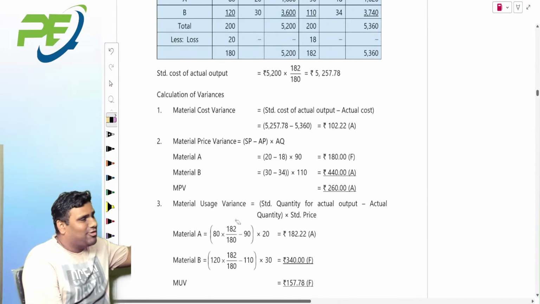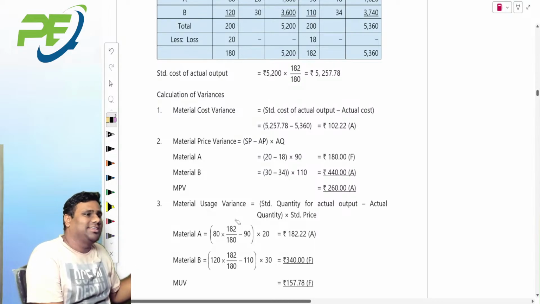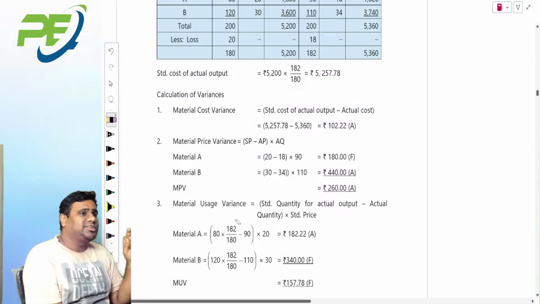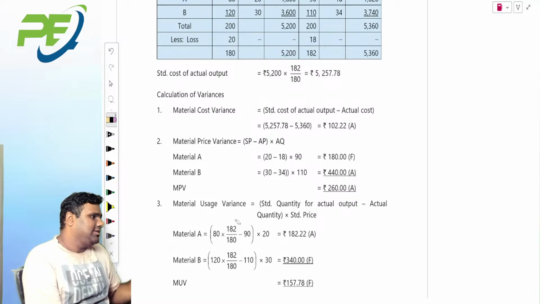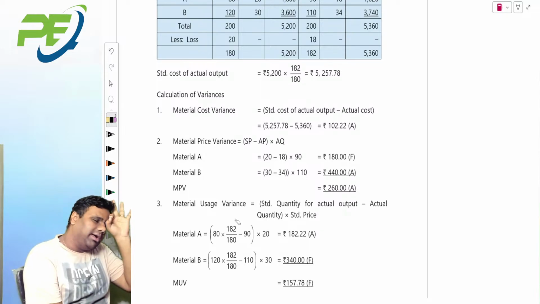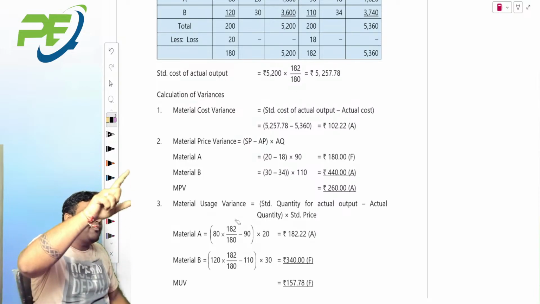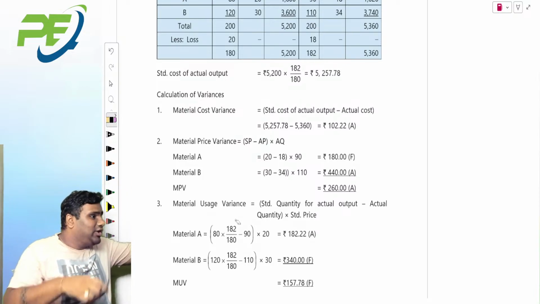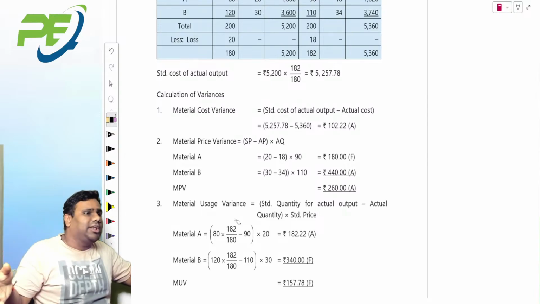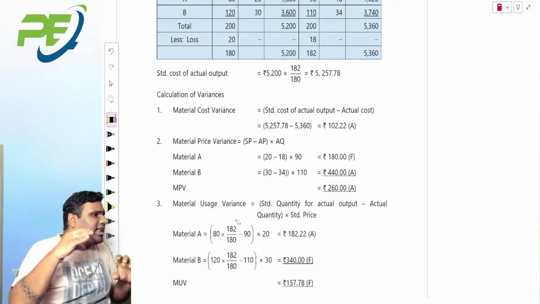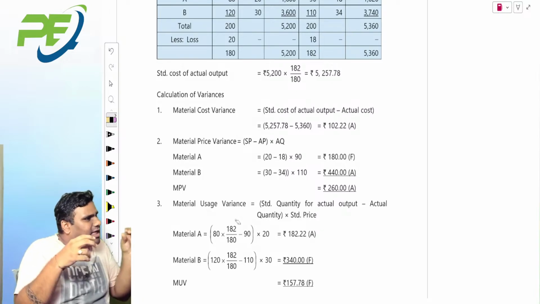Cost variance, they have not calculated total A and B. So our answer is much more elaborate, detailed and clear. If you write this in an exam, 100% you'll get marks. Just that everywhere you have to write the formula instead of 1 minus 2. Whatever we are doing now in that table, you can keep as a working note. And when you write cost variance 1 minus 2, you write the formula and substitute the numbers.